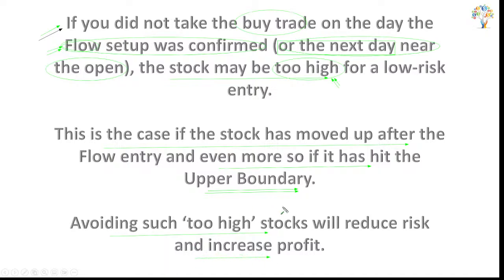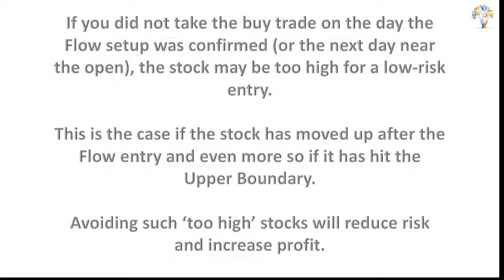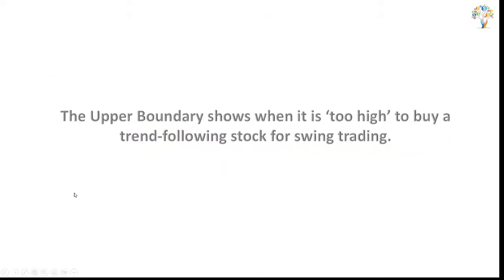So we may give up on that stock if we did not find it in time or did not enter the trade in time. That is already too high. The upper boundary especially shows when it is too high to buy a trend following stock for swing trading.